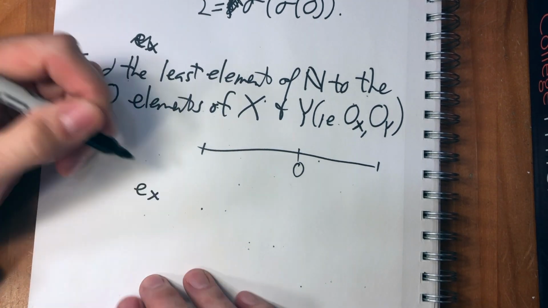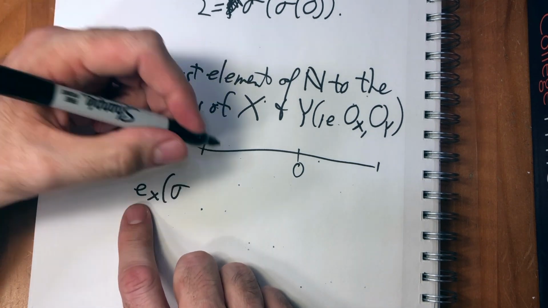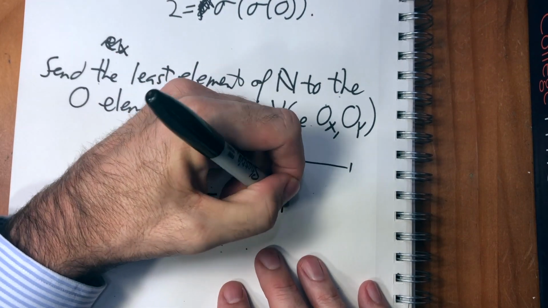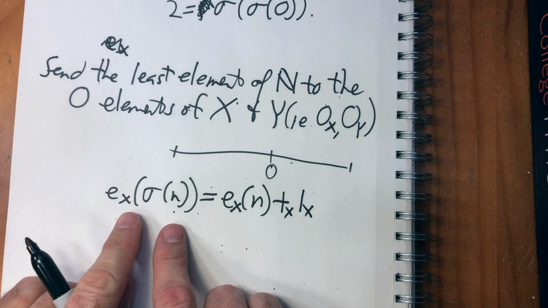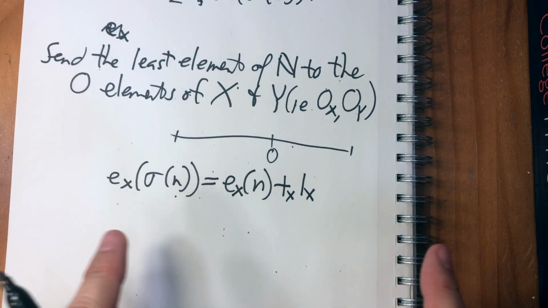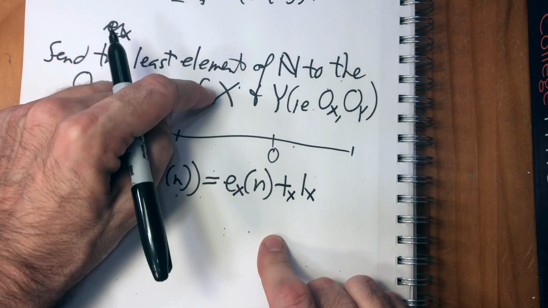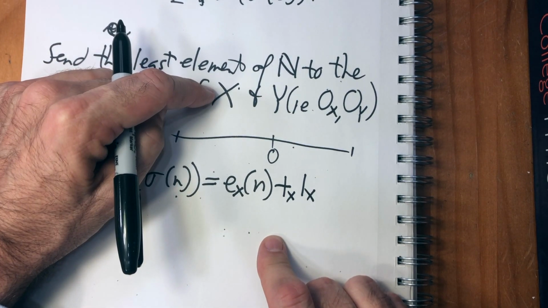So the embedding we're going to do, to embed the natural numbers into x, we're going to embed the successor of n into x. This is the embedding of some natural number into x.